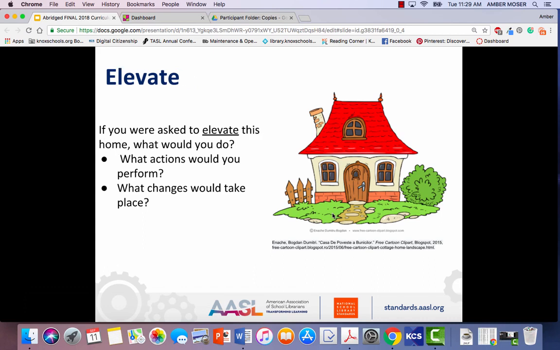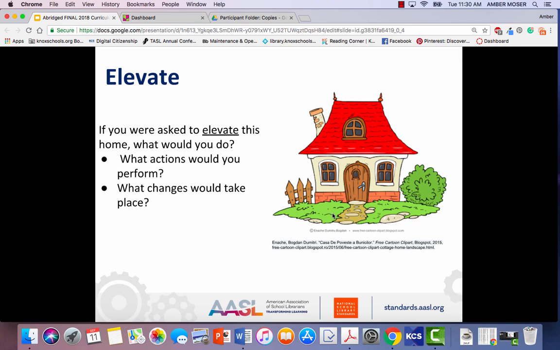Now, what if you were asked to elevate this same house? Think for a moment about what you would do then. If you had to elevate this house, what would you do and how would it change? You may be thinking things such as, oh, if I had to elevate it, I might add something to the top, maybe another story.